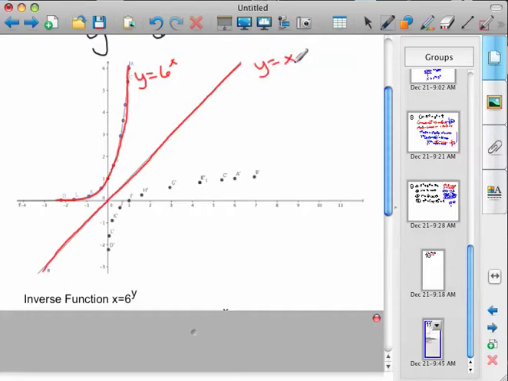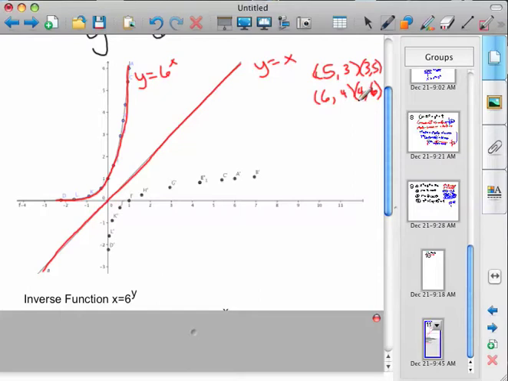And anything reflected across that line is an inverse, because with inverses, say you have a relation of (5, 3) and (6, 4), the inverse of that relation would be (3, 5) and (4, 6). Oops. So those two on the end would be the inverse.